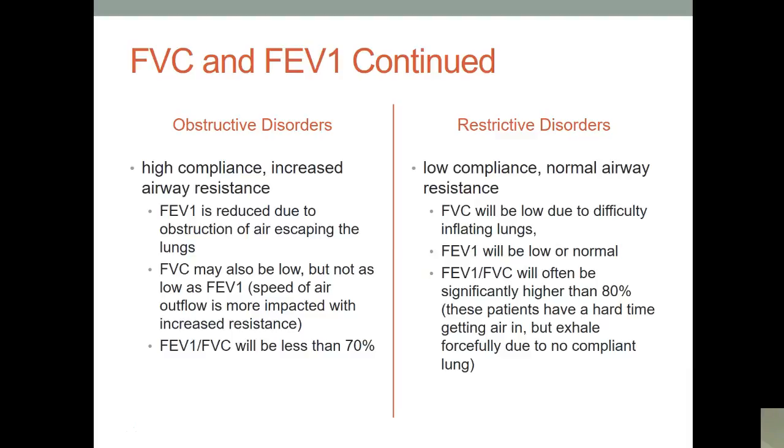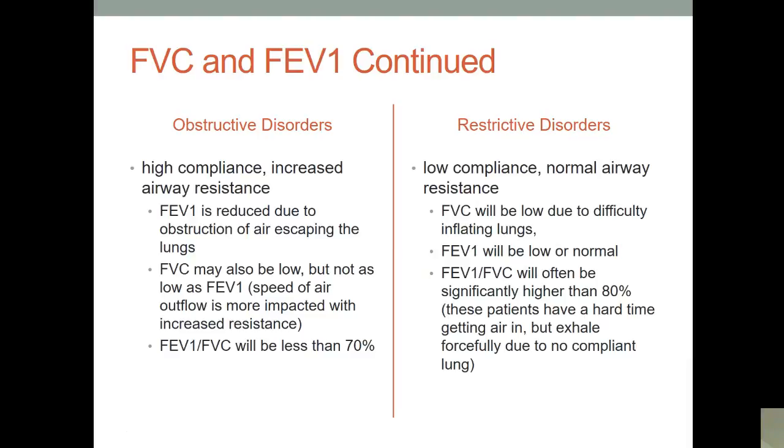Now the FVC, the forced vital capacity, may also be low because the person has lung disease, but it's not going to be affected as much as the FEV1. In other words, the speed of air outflow is more impacted with increased resistance. So what we'll find is if we take the ratio of FEV1 to FVC, that ratio will be less than 70%.